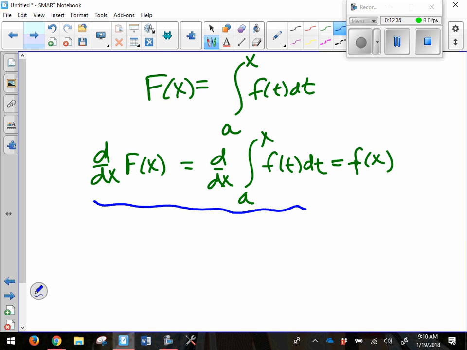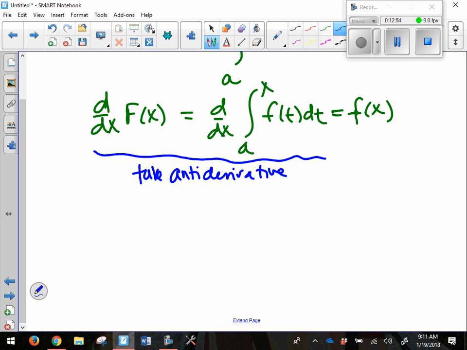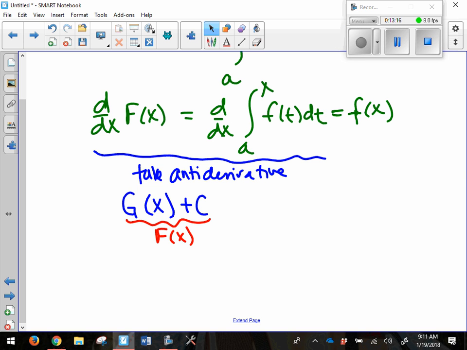But I'm going to take the antiderivative of this. And that means that I am going to get g of x plus c, where g of x plus c is really equal to f of x, but I don't know what f of x is because I don't know what that constant is.